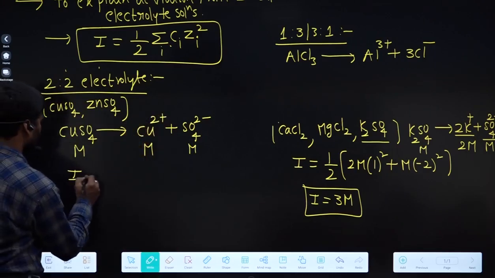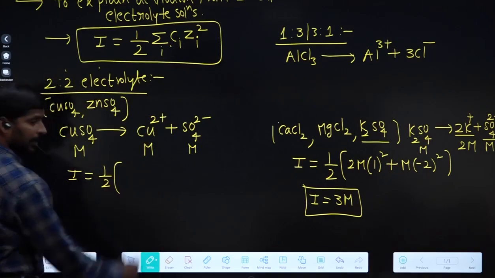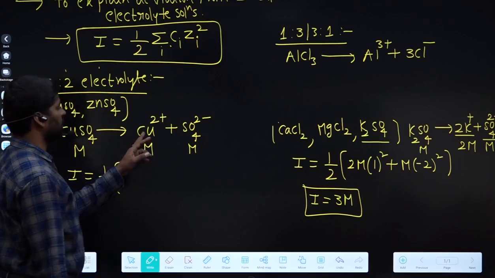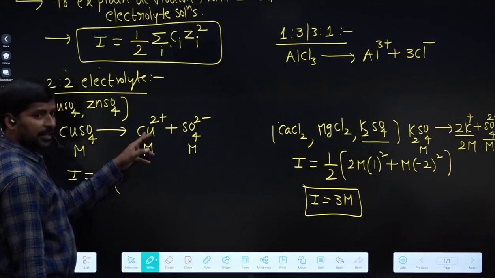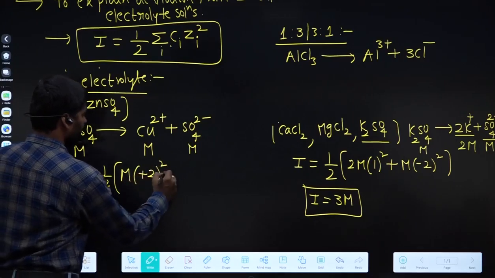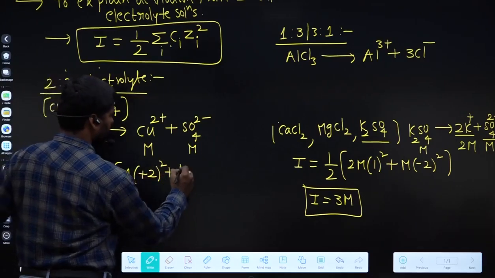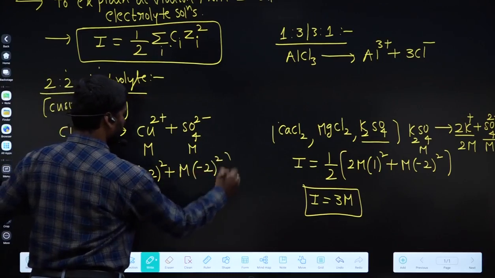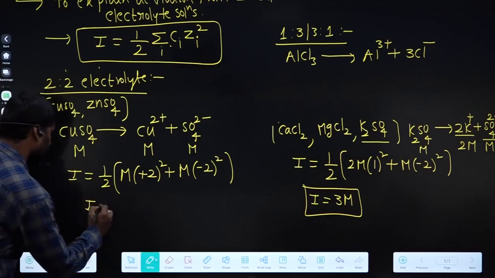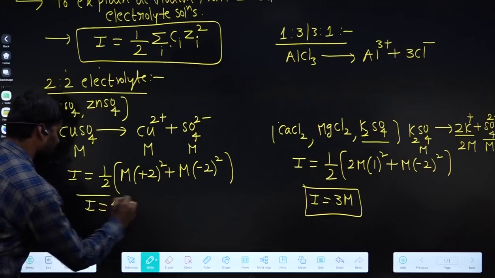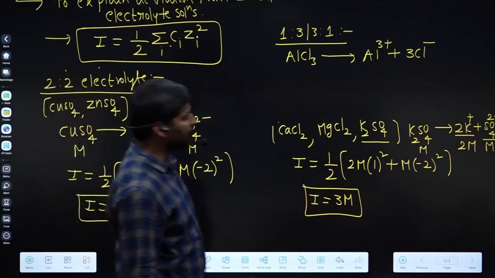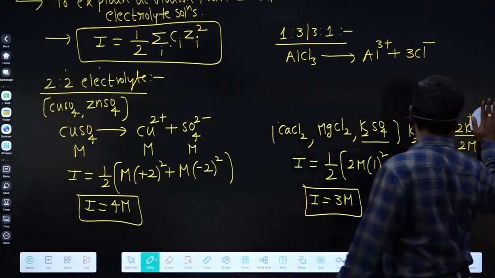So I is equal to 1 by 2 of Ci, the concentration of cations, that is m, z square, 2 square, plus the concentration of anions m, minus 2 whole square. 2 square, and here 4m, 8m by 2, that is I is equal to 4m. So for 2:2 electrolyte, I is equal to 4m. What about for 3:1 electrolyte?